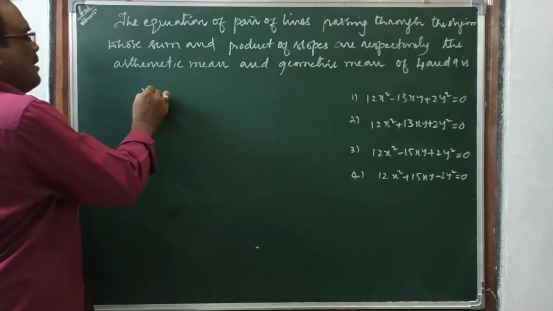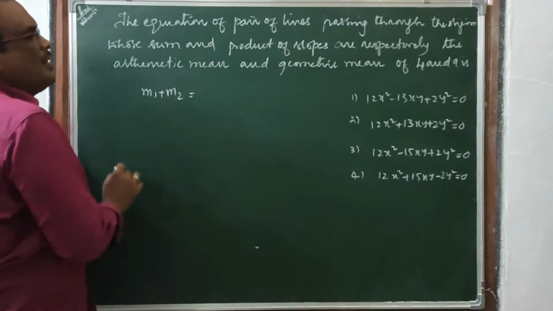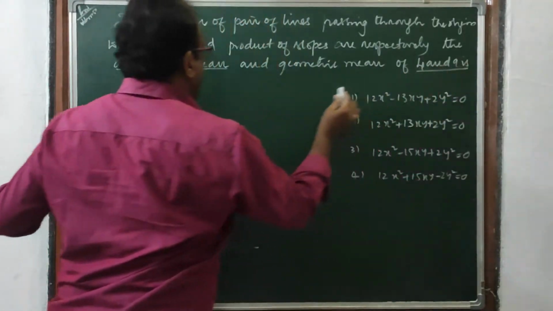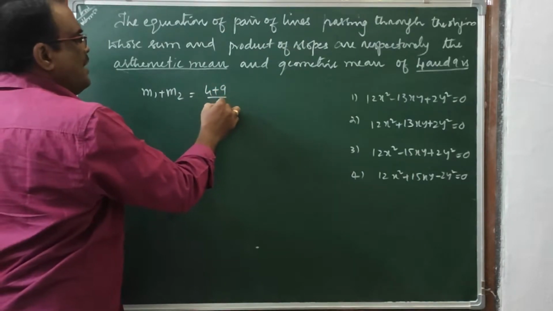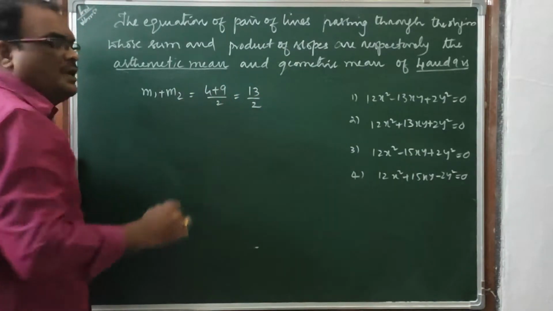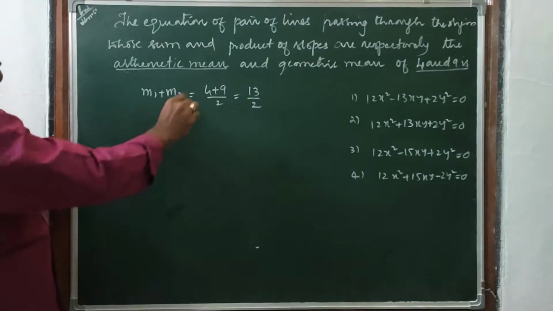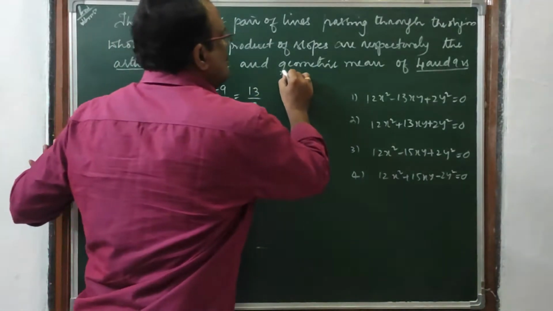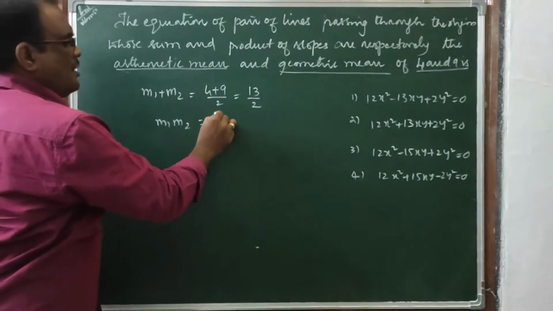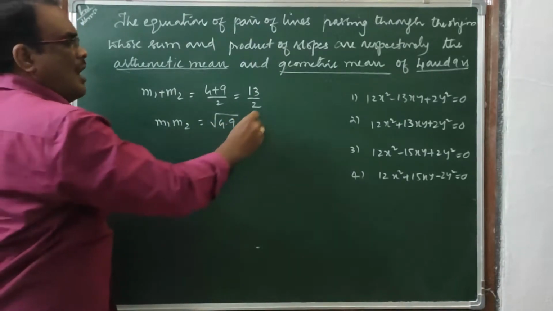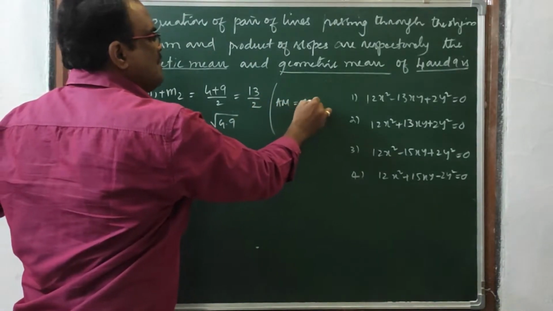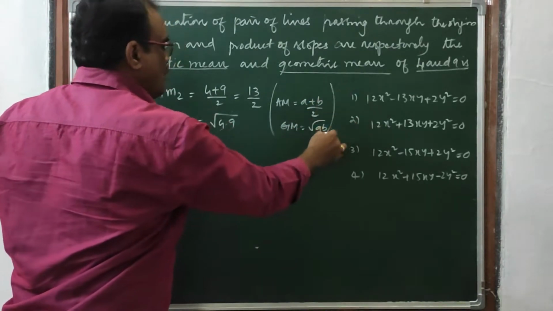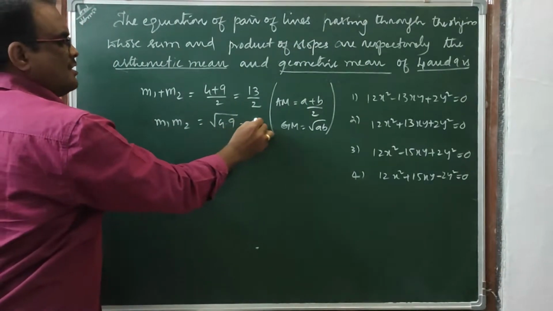The sum of the slopes is the arithmetic mean of 4 and 9, that is (4 + 9)/2 = 13/2. The product of slopes m1m2 is the geometric mean of 4 and 9. Arithmetic mean formula is (a + b)/2 and geometric mean formula is root of ab. So root of 4 times 9 is root 36, that is 6.